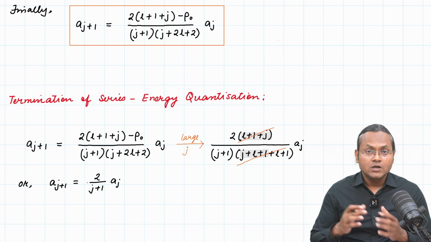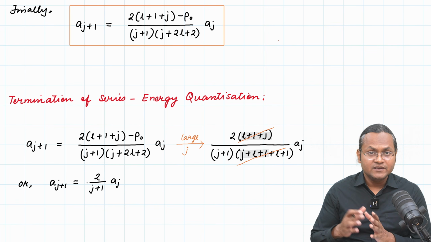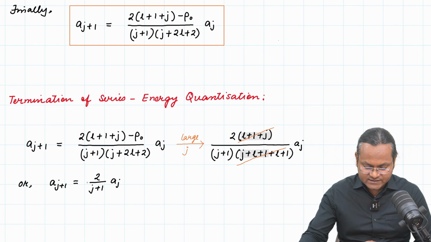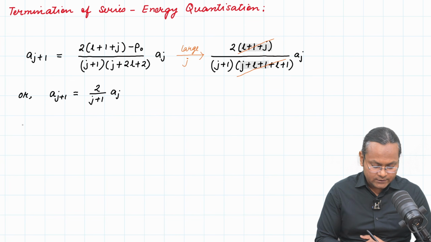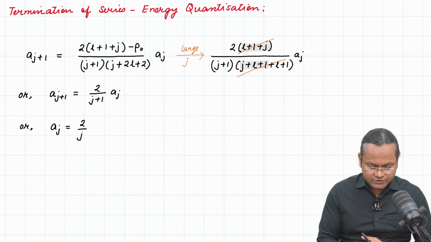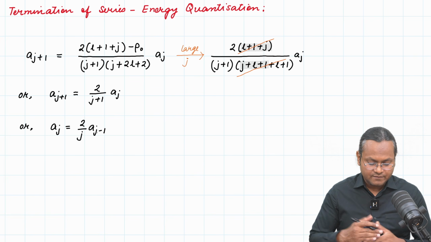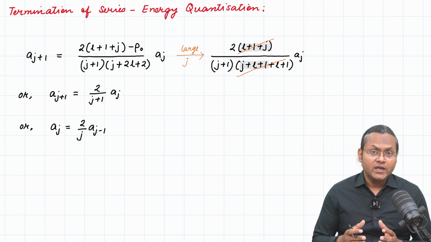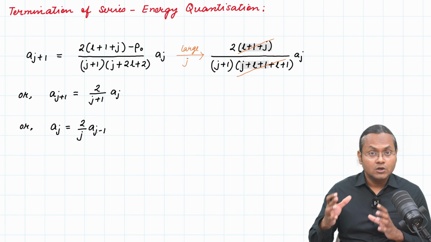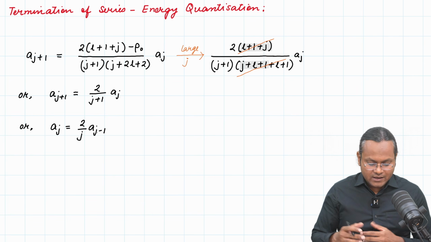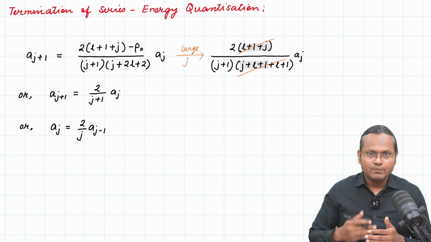This is how the consecutive coefficients in the infinite series expression will relate to one another, which can also be simplified as a_j equals 2 upon j times a_{j-1}. Just take a step back. What is a_j? This is probably the 100th, 200th, or the 1000th term coefficient, and j minus 1 is just one step less than that.